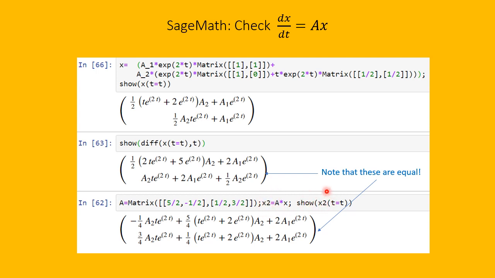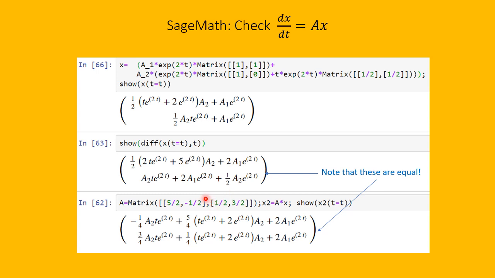And then I'm going to see what x sub 2 is. Show x sub 2 at t equals t. And when we do that, we get this stuff right here. And if you look at these two a little bit carefully, you'll notice that they are equal.